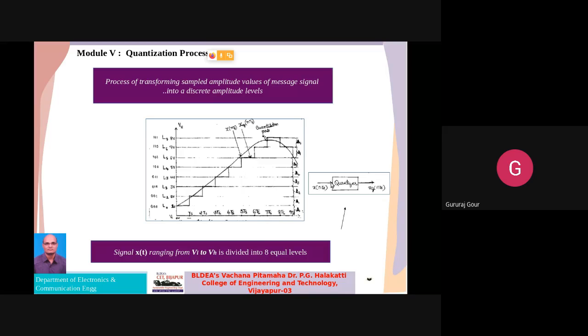Now we apply it as input to the quantizer. That is going to give us such a step kind of signal, meaning we are converting this x of nTs into xq of nTs.